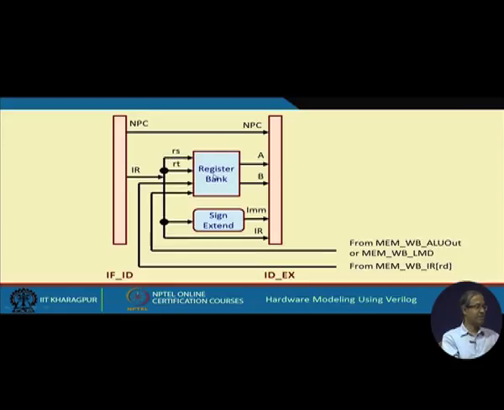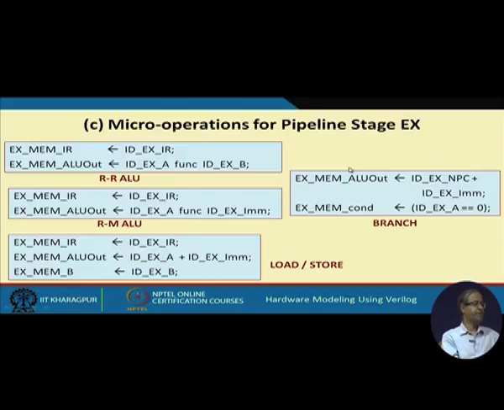RS and RT will be prefetched, register bank will go to A and B, and from memWB ALU out or LMD the data will be coming for writing into the register bank, and from memWB IR the target will be coming. This will be either RD or RT. Although written RD here, this can be RT also depending on the type of instruction. Okay, this is how it will be in this stage.